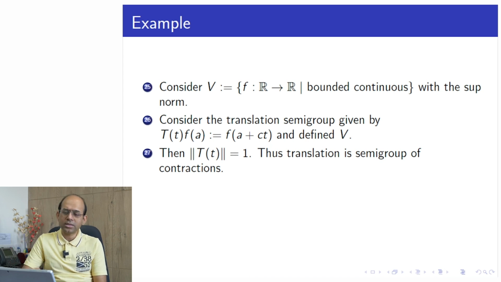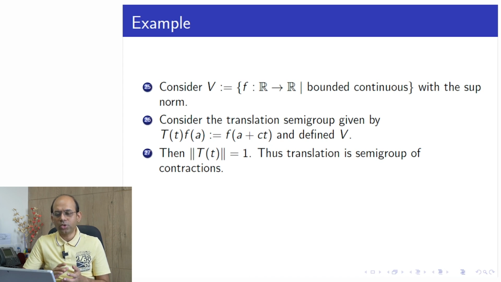In that case, if we take the supremum of T(t) f, it would be the same as the supremum of f of a plus ct, because when we take the supremum, we range a over all possible real numbers, so that anyway covers a plus ct, no matter what t you have chosen.